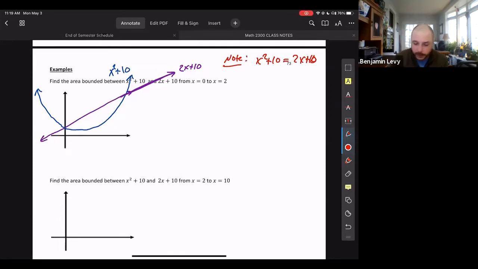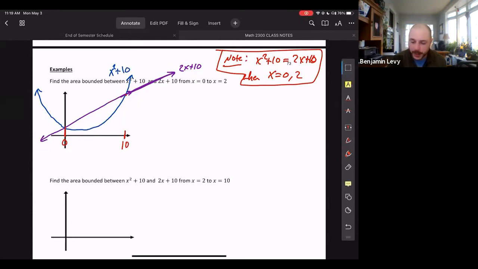If you solve that equation, you end up with x equals 0 and x equals 2. That's why I'm choosing those points. I'm choosing the point where they first intersect, and then the other point out here where they intersect the second time. See that?